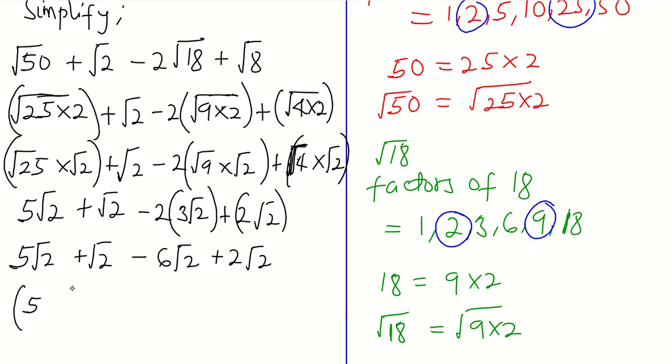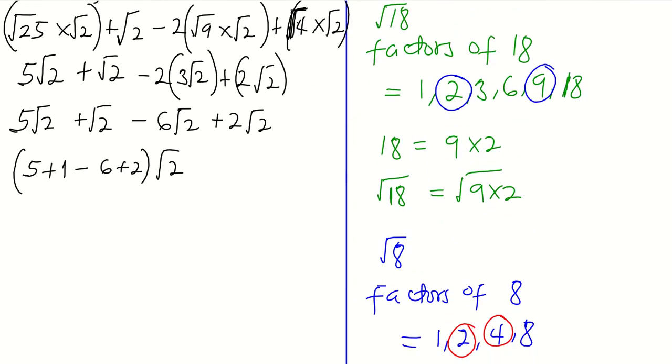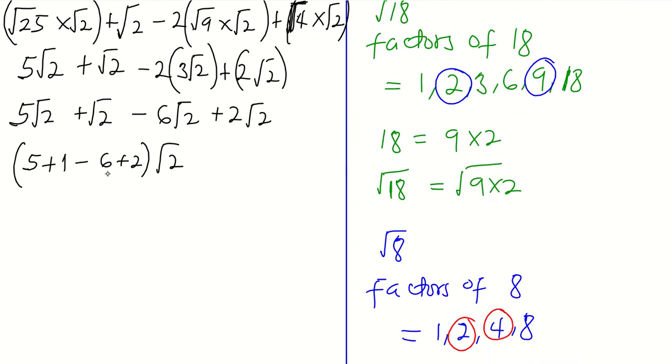The first one we have 5, and square root of 2 has a coefficient of 1, and minus 6, and plus 2. We bring our square root of 2. Now 5 plus 1 minus 6 plus 2 gives us 2. So we get 2 square root of 2, and this becomes our solution to this question.